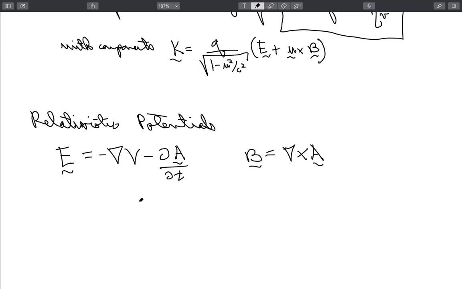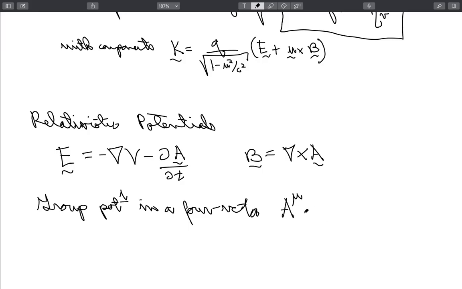Okay, so what we can do is we can group the potentials in a 4-vector. And this 4-vector will be A^μ, and will be by definition V over c, and then Ax, Ay, Az.